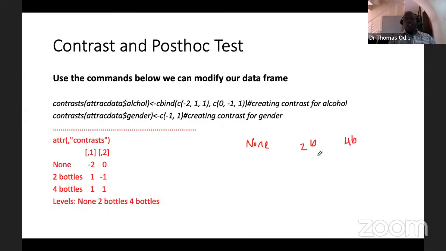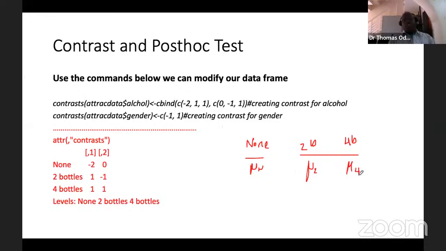Okay. So let's say this is the mean of none, this is the mean of 2 bottles, and this is the mean of 4 bottles.